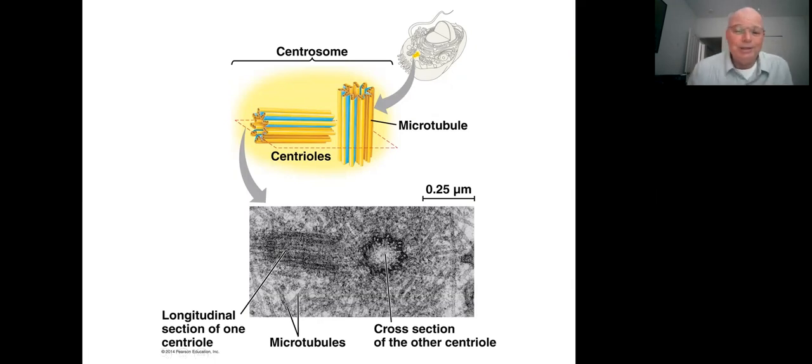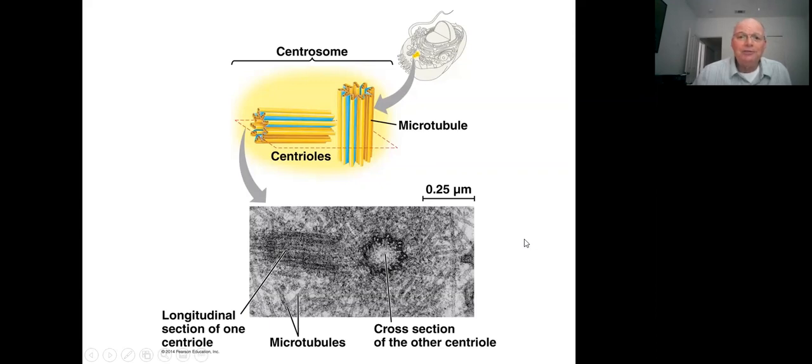Quite remarkably, the centrioles are part of animal cells, but they're not found in plant cells, yet the same organizing framework called a spindle that forms in animal cells also forms in plant cells during plant cell division. So it begs the question, why do the centrioles exist? Why are they uniquely found in animal cells?